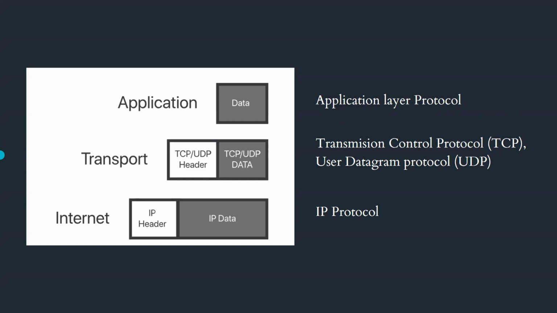So we need to keep in mind that we need to decide the transport layer protocol based on the application protocol that we are using. This is decided by the application layer protocol that we are going to use.